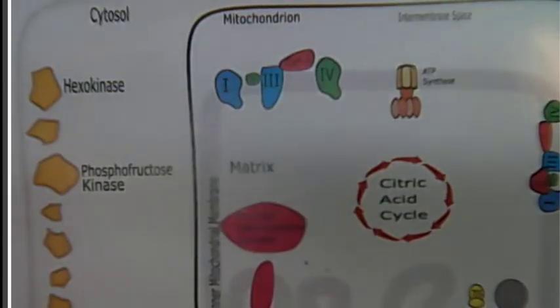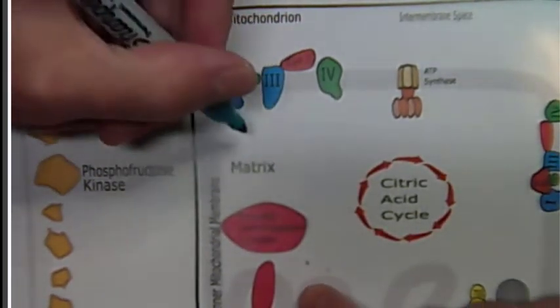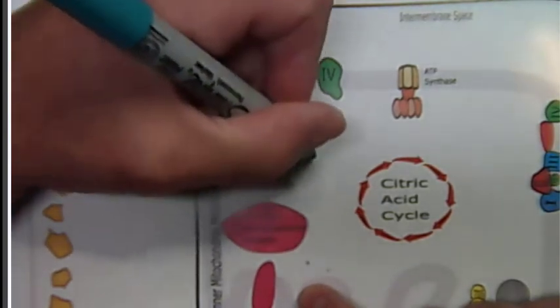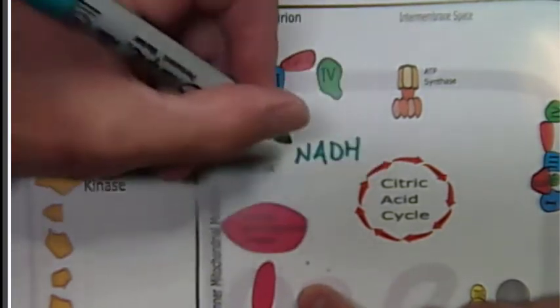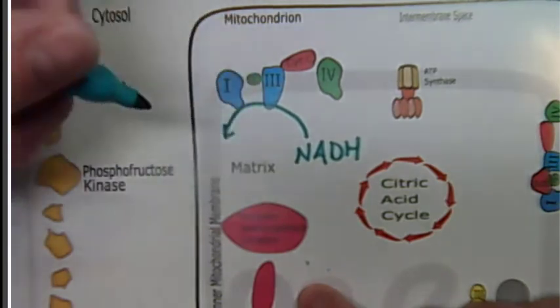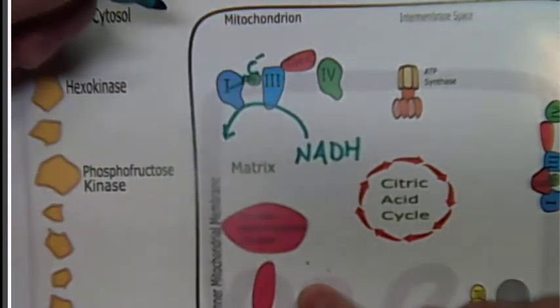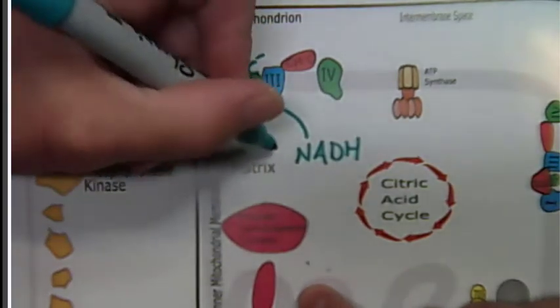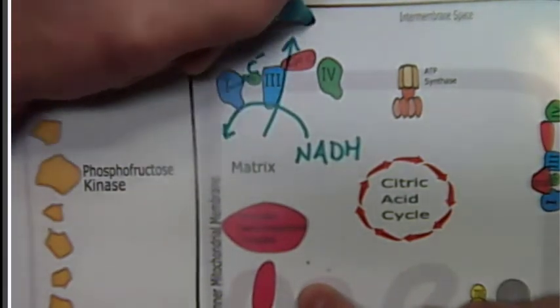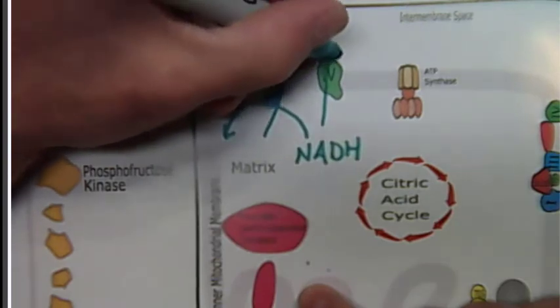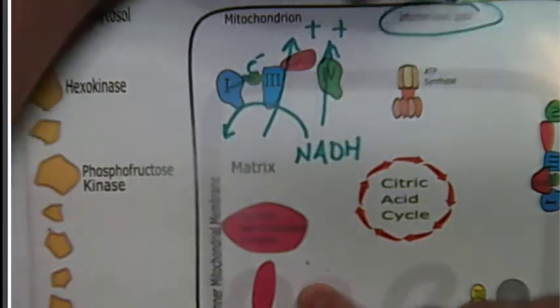One of my favorite parts of this simulation is helping students understand the power of the proton motive force, or chemiosmosis. So what happens generally is NADH is used to carry electrons along this electron transport chain, which then is used to start pumping hydrogen ions into this intermembrane space.